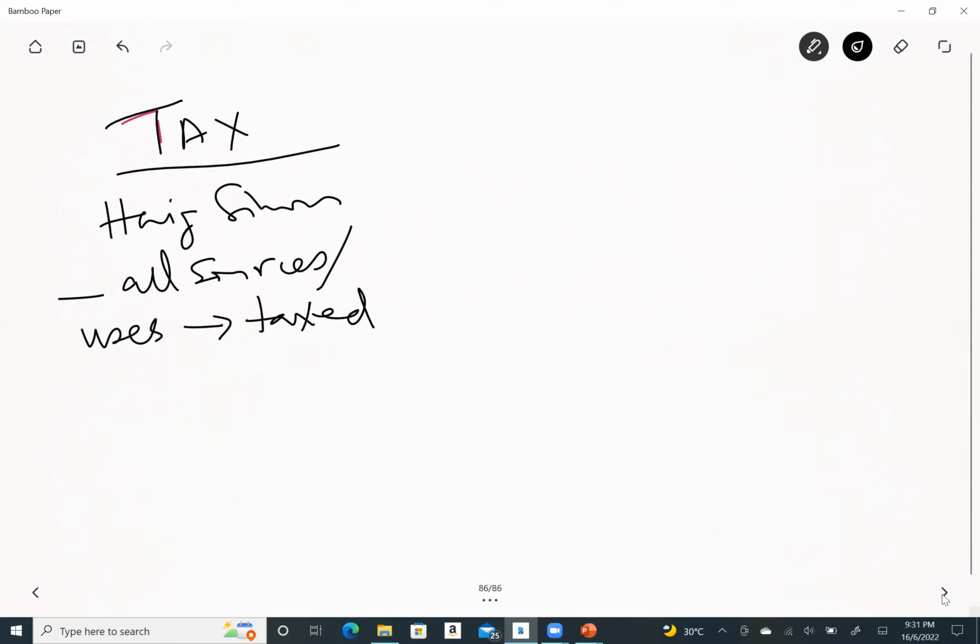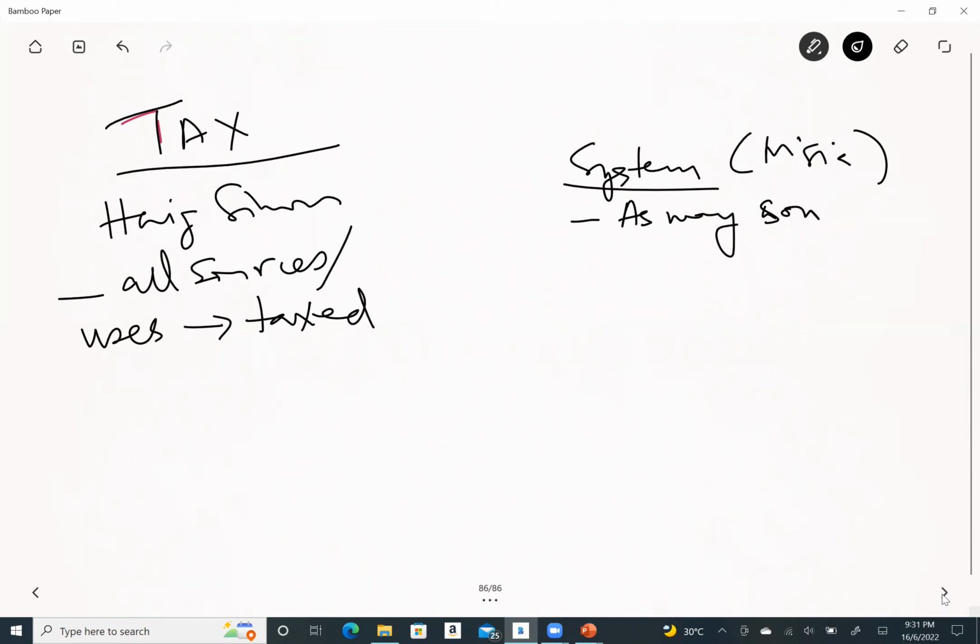In reality, in the system that we are talking about here, let's say any system in the world, Malaysia for example, first of all, you have to identify as many sources of income as possible, except a few that we just mentioned.